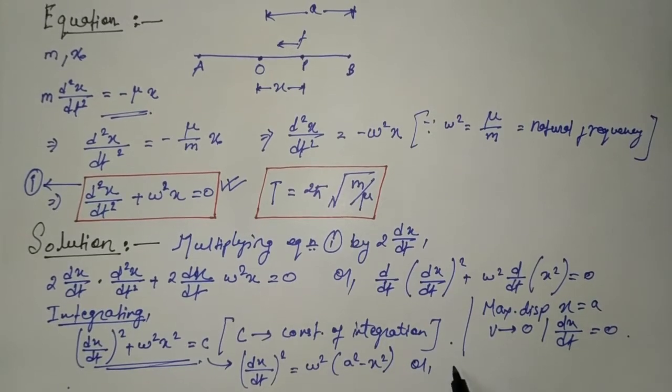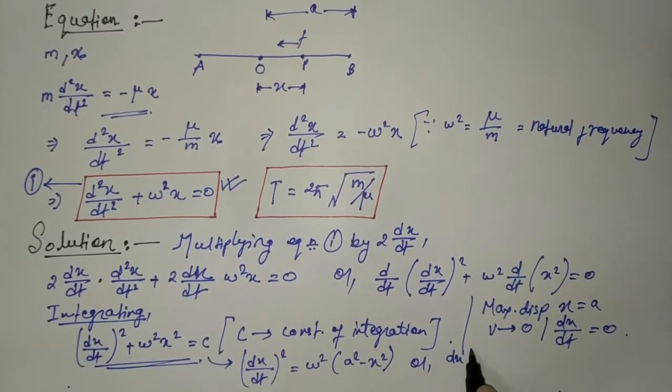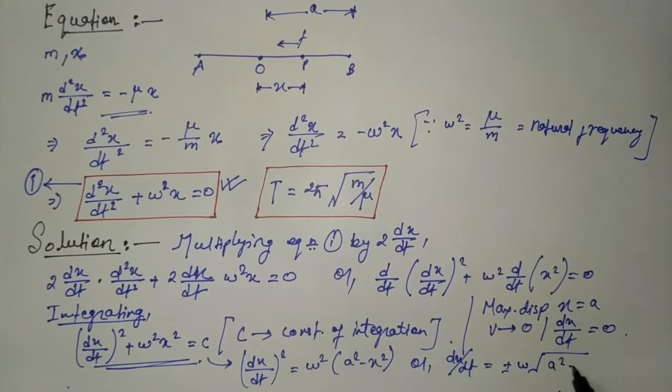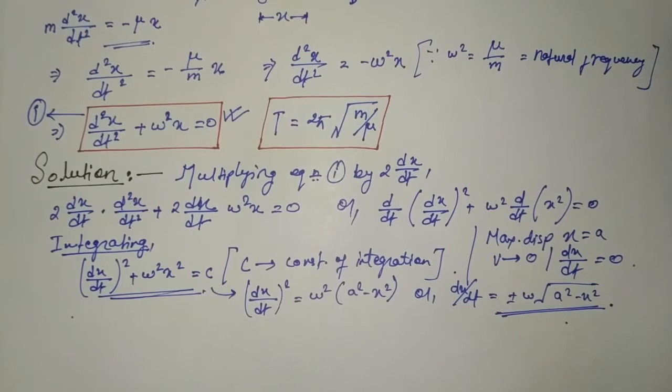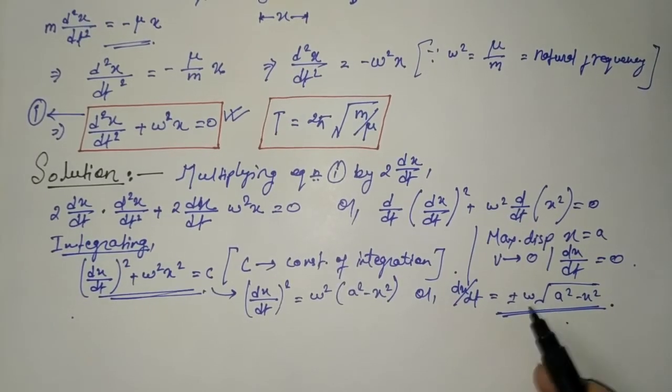Or we can also write dx/dt is equal to plus or minus omega into root over a squared minus x squared. Now if we consider only the positive value, we get dx/dt equal to omega into root over a squared minus x squared.